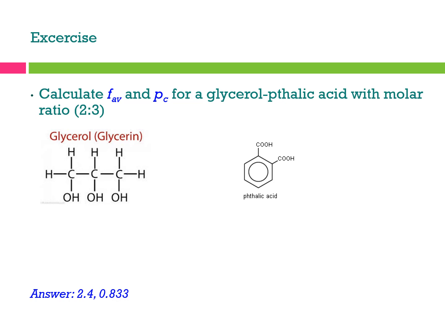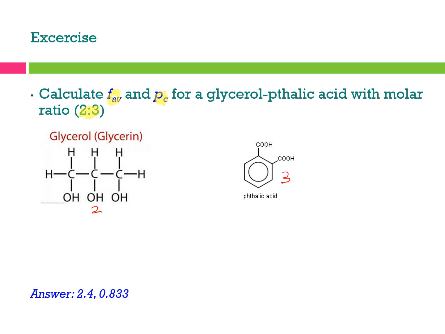Let's try to do this exercise together. In this exercise, you need to calculate the average functionality and critical extent of conversion for a glycerol phthalic acid mixture with molar ratio of 2 to 3. In this question, you have the number of moles of both monomers: the number of moles given to glycerol is 2, and the number of moles for phthalic acid is 3.